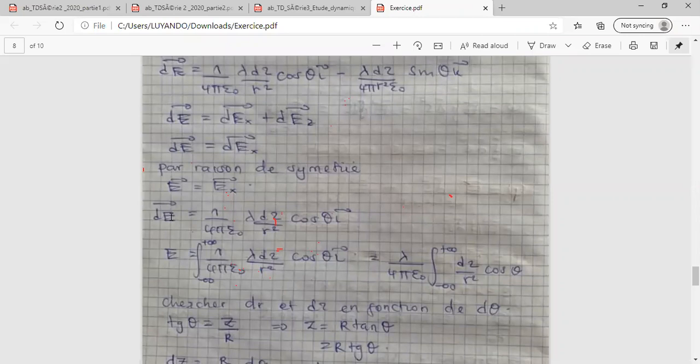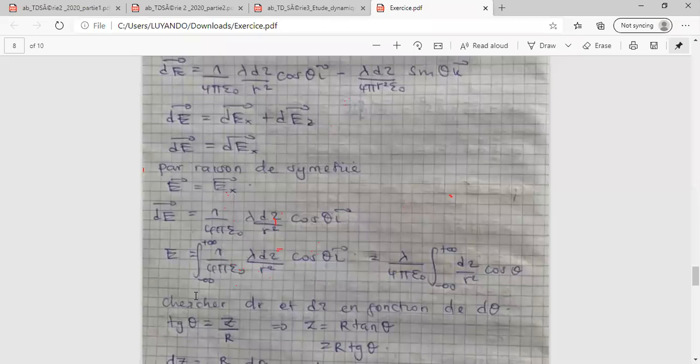So my total field is going to be dE equal to this in the x direction. And then if I integrate this, this is my dE. So if we're trying to find our total field, we integrate our dE on both sides from negative infinity to positive infinity.